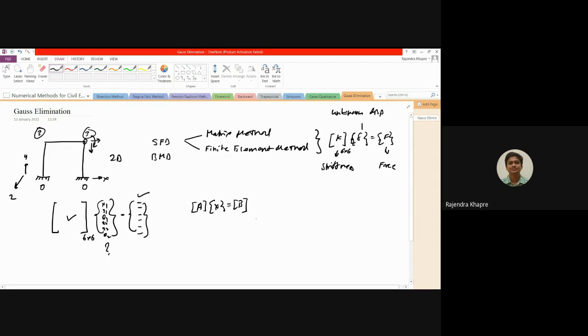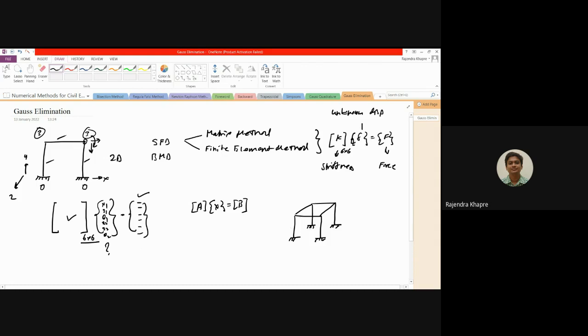Now try to imagine that for a simple frame with two columns and one beam, you end up with a matrix of size 4 by 4. If I add one more bay to the same structure, it creates a simple room kind of structure with four columns.